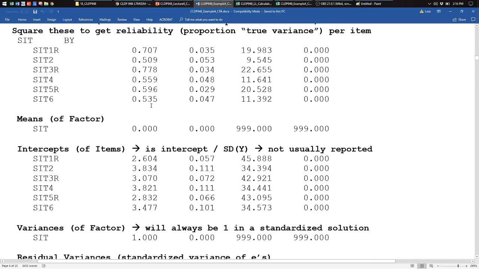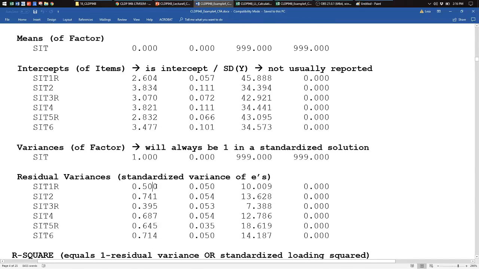So 0.707 squared is 0.5. In other words, half of the variance in item 1 is due to the factor, and half is due to not the factor. And that jives with the numbers we saw on the previous page, where out of the total variance of 3, the residual variance was 1.5, which means the factor accounted for the other 1.5. So it's half and half.